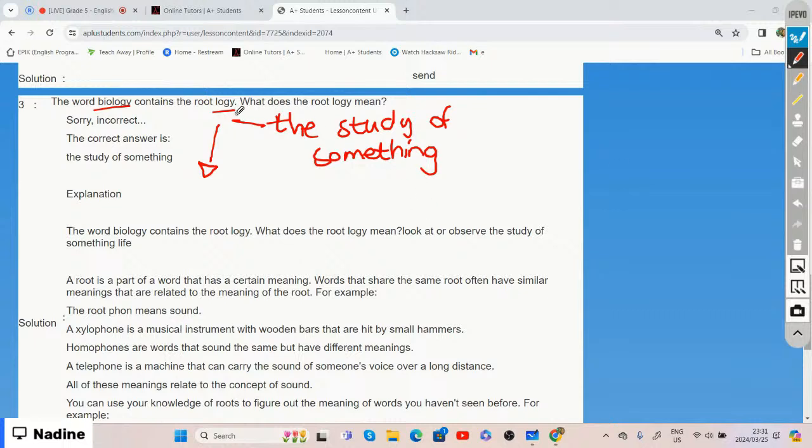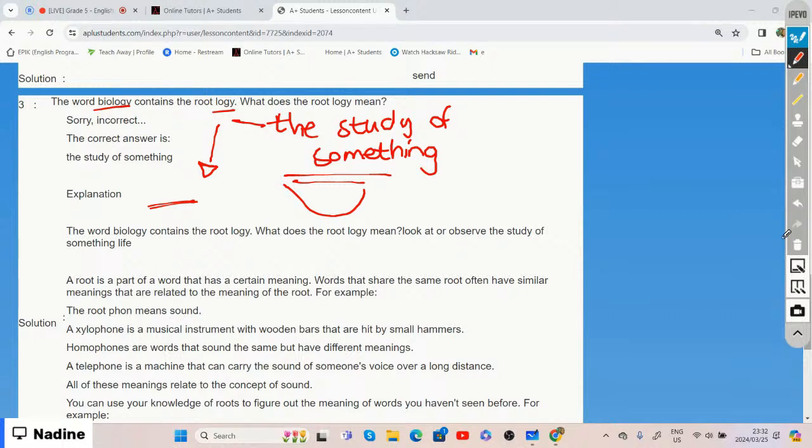But logy, even if you have psychology, physiology, it is the study of something. But the word in front of it is different. Let's say physiology: physio means something different, and then if you put logy together, it's the study of this, the study of that.